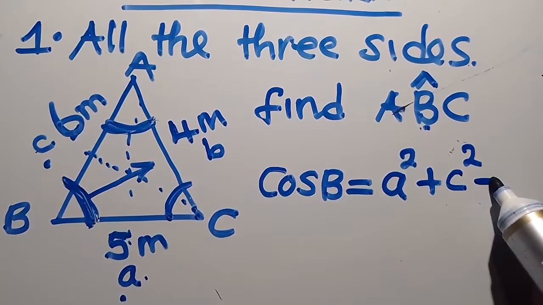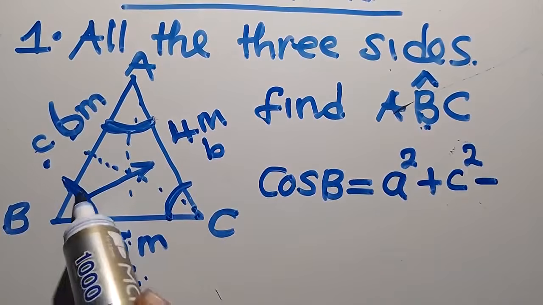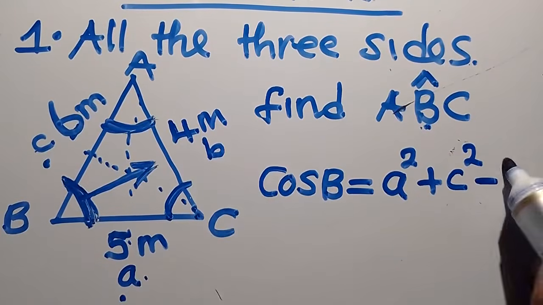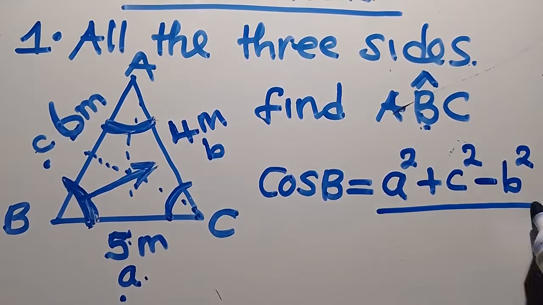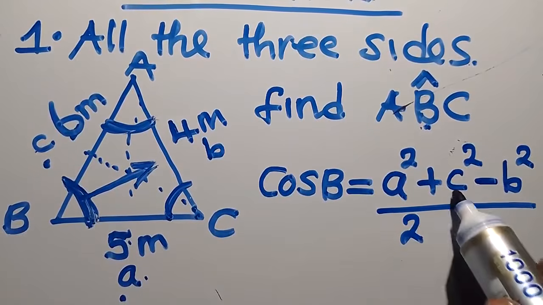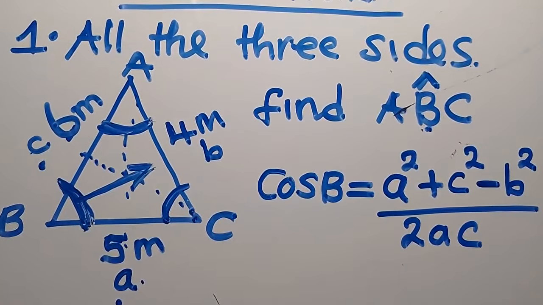Which side is opposite to the angle that you are told to find? The side that is opposite to this angle is B. So you say minus B squared. Then you say over 2, then you get these two, A and C. This is the formula that you are going to use. So this is the formula that you need to know and understand.